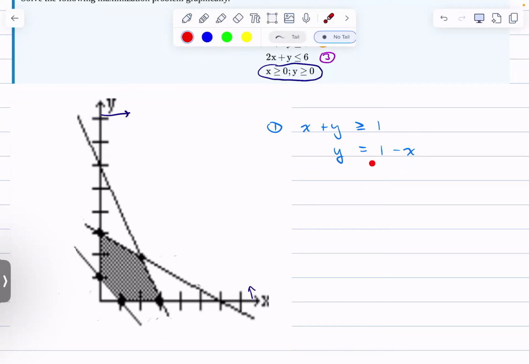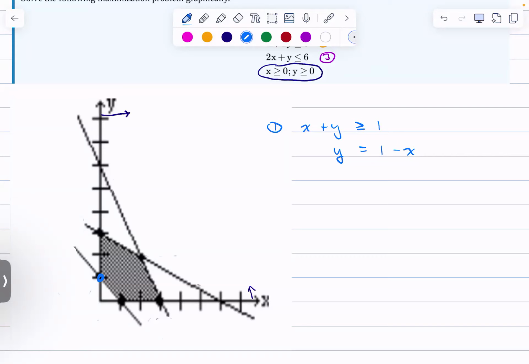What are my go-to moves for drawing a line? Well, I can plug in x equals 0. That might be a nice thing, right? X equals 0 puts me at y equals 1. So, assuming the scale here is 1, 1, 1, 1, 1.